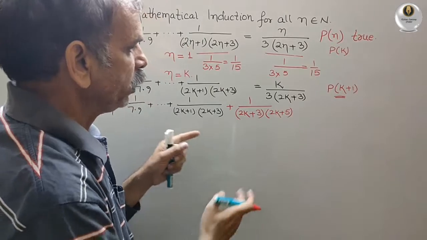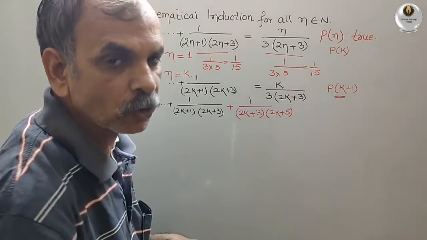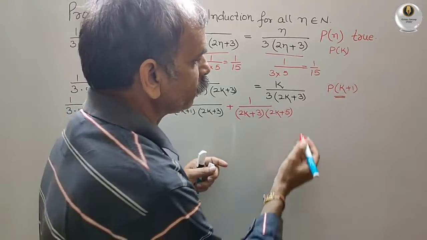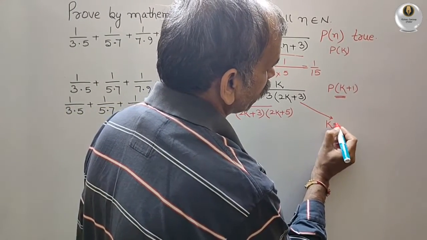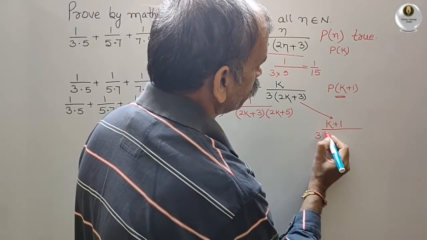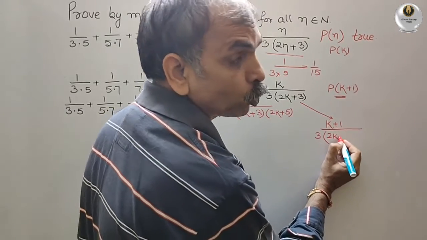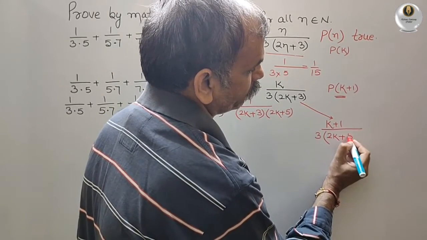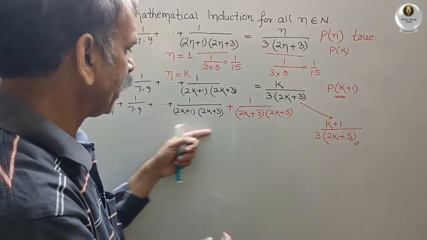Now if you add on this side, you have to add on the other side also. So here what you will get? This will be k plus 1 by 3 into (2k plus 2 plus 3), that is 2k plus 5. So this is your RHS and this is your LHS now.